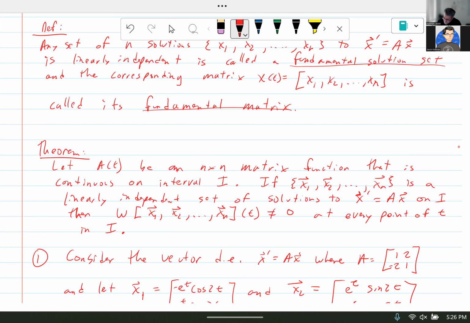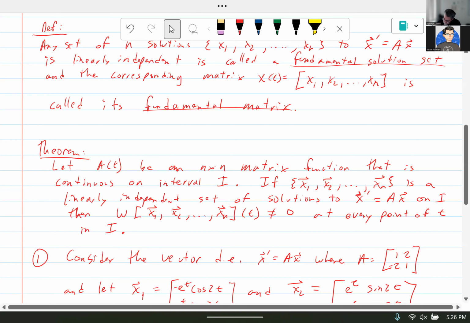So I want to know if these solutions are linearly independent, or are they just a combination of each other? Is there really an x1, x2, or is x2 just a multiple of x1?